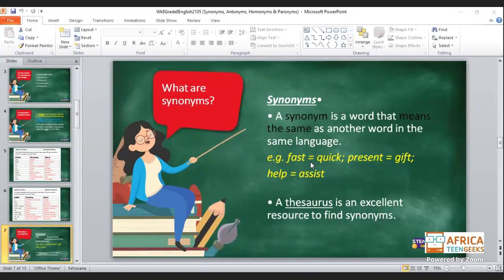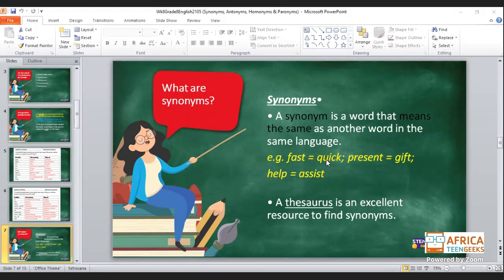Like I showed in my example there, the word fast and the word quick, there are two different words, but they mean the same thing. Thank you, Tyrese. Ishani says synonym means similar. Yes, Ishani, something like that. So Tyrese gives us more examples saying quick, fast, speedy, and rapid. Yes.